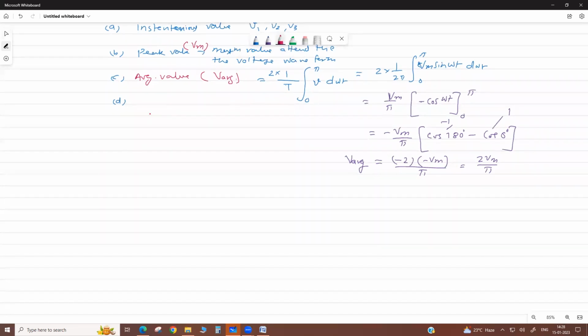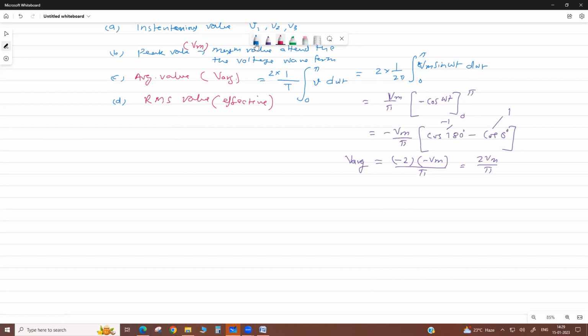Now you come to the next value, the RMS value. Actually, it is called effective because the voltage rating you mention on the nameplate of transformers, motors, lamps, bulbs, like 220 volt, 230 volt, 415 volt, these are RMS values. And your analog meters only measure the RMS value. Why is it effective?